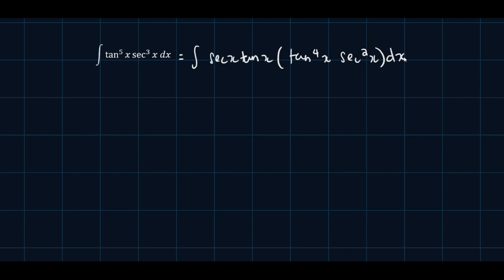Okay? And then, since may natira sa atin na tangent to the 4th x, what we do is we rewrite this as tangent squared x squared, or secant squared x minus 1 squared.